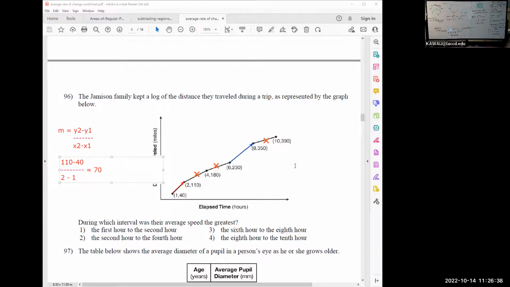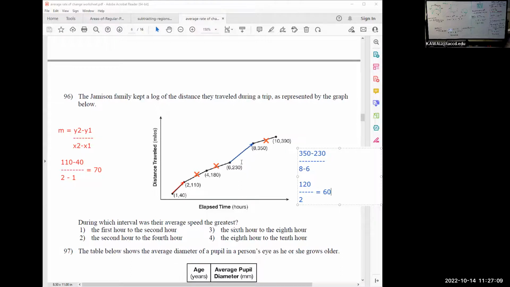Now, if I look at this blue one over here, I get 350 minus 230, all divided by 8 minus 6. So now I get 120 divided by 2, and that'll be equal to 60.